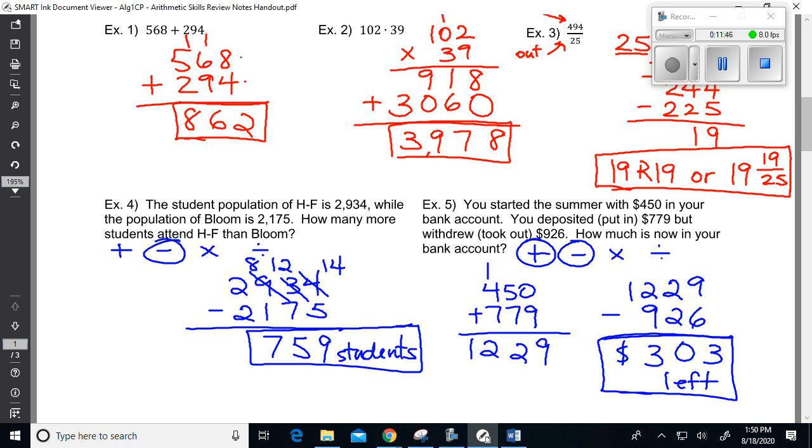So just like that, we just reviewed whole numbers. How to work them out, did some word problems, we added, subtracted, multiplied, and divided. Any questions before we move to decimals? Whole numbers, most people don't have any problems with.